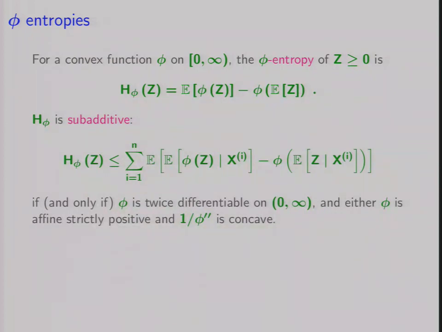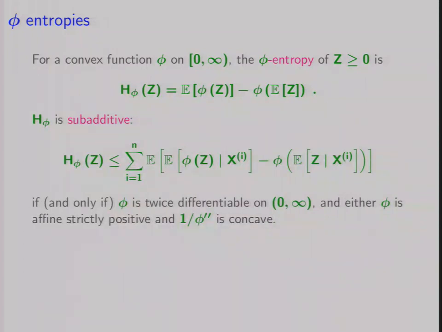So we can define the phi entropy. For some function phi defined on the non-negative numbers, we can define the entropy exactly the same way as before. And it turns out that this subadditivity property, which is what I just wrote here, with a slightly different notation, is true not only for these two functions, but for a whole class of functions.